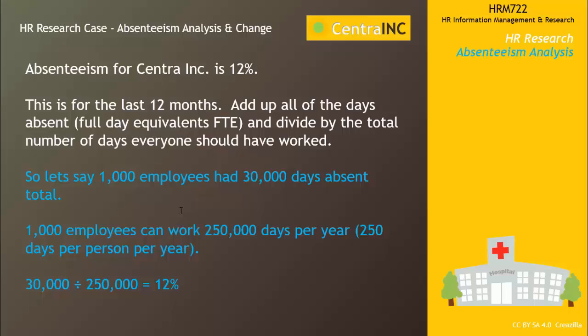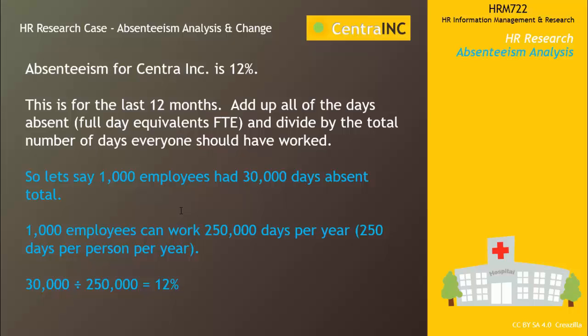Now, what's the capacity, or what we call the workload capacity, of these employees? Think about it. 1,000 employees together can work 250,000 days. How do we get that? One employee is scheduled to work 250 days. Now, that's not an exact number. It's around 250, 260 in North America. There's about 365 days in a year.